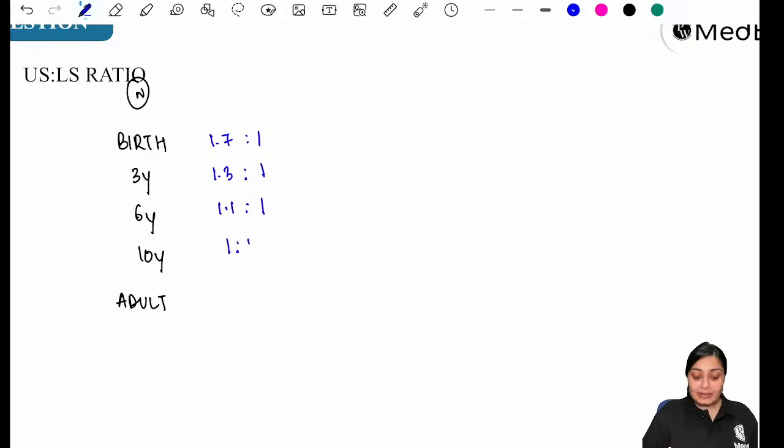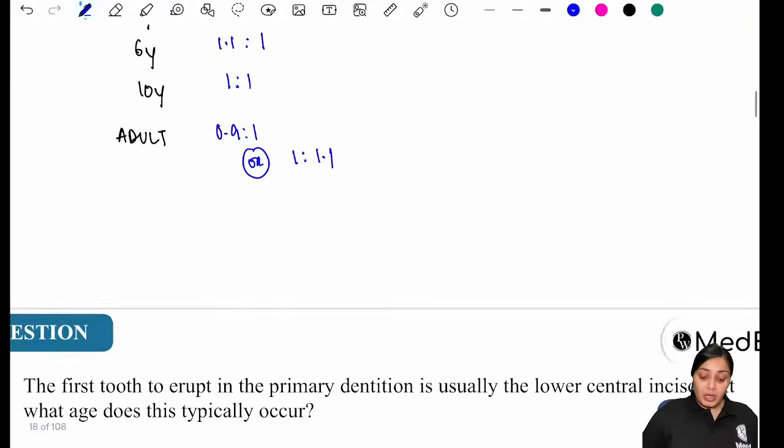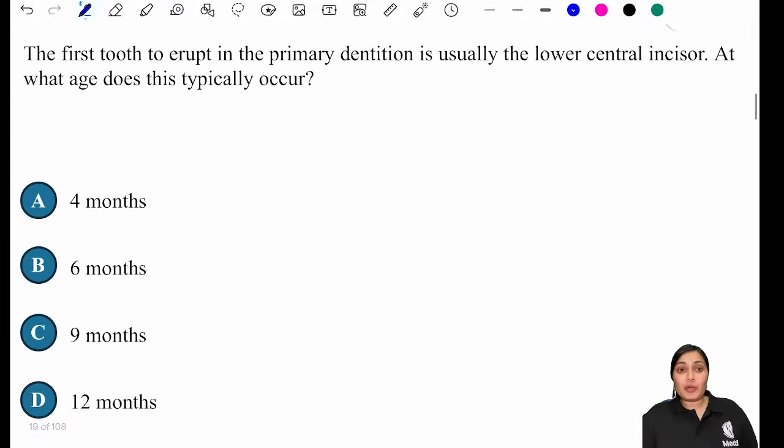At 10 years, it typically becomes 1:1, and thereafter the adult ratio, that is 0.9:1, or I can write it as 1:1.1, is achieved. Right, so this is the normal ratio, but if it is increased or decreased, that would be disproportionate short stature. It could be either a short trunk dwarfism or a short limb dwarfism, right? Now let's move to the next question.